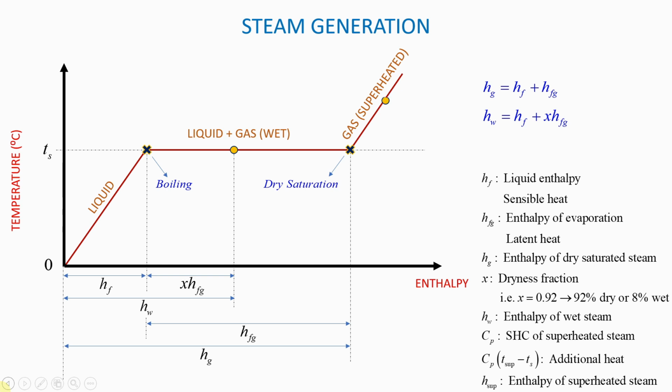And so if we pick a random point there, represented again by the yellow dot, you can see that its temperature here, which is Tsup, to just say temperature of the superheated steam, is greater than saturation temperature. It's greater than the boiling point, okay? So any steam that is at a temperature greater than boiling point is superheated.